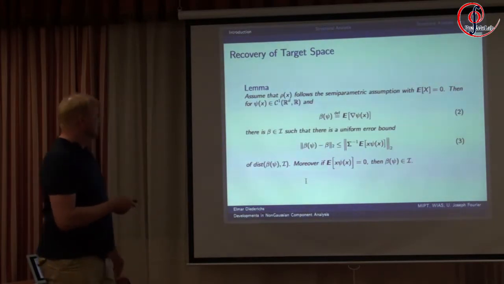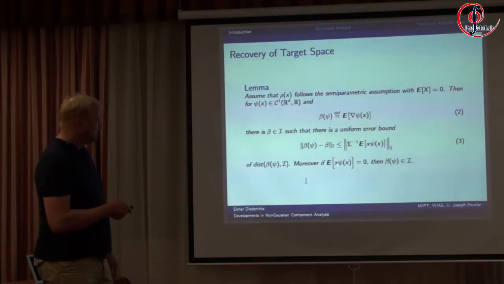subspace, up to an error that depends on the covariance matrix of the data density, not the empirical covariance matrix but the real covariance matrix, and the expectation of this product.